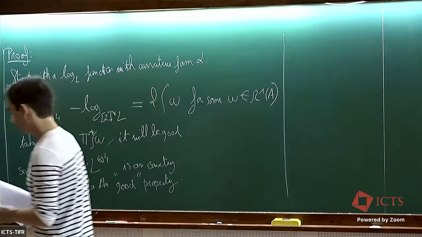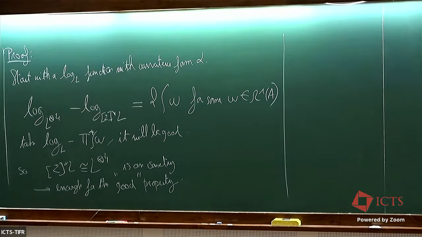All right. There is one last thing to make clear before I can explain a bit more. Maybe I should justify it this way. You maybe don't want to make a choice of curvature form for every line bundle. You could do this, and you now have a theorem telling you that there is a good log function, but maybe you don't want to do this for every line bundle L. So is there a way to do this for all symmetric line bundles L?